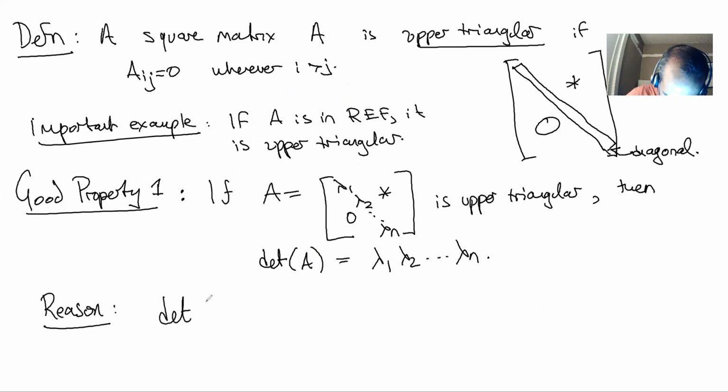So det of A. Let's expand along the first column. Det of A is equal to lambda 1 times det of the matrix you get by deleting the first row and column, which is lambda 2 through lambda n.